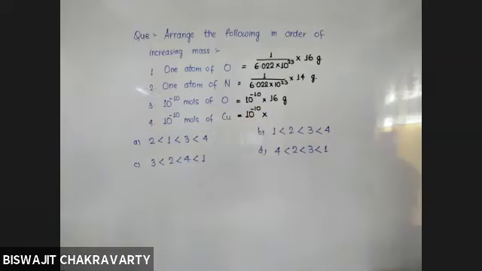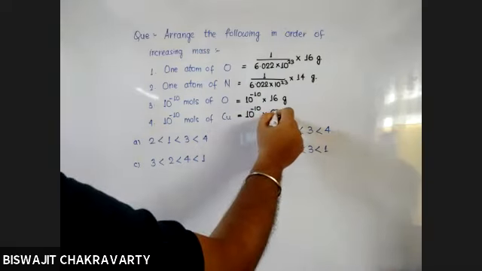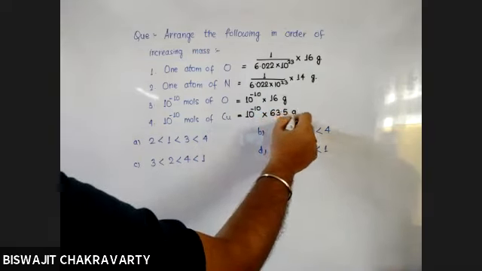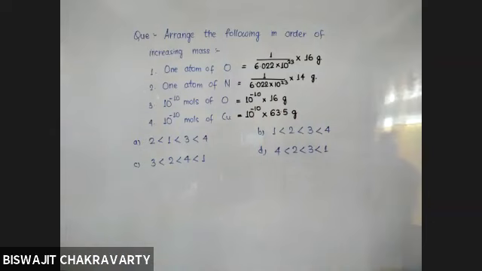Copper, what is the atomic mass? 63.5. Okay. Now you compare. Which do you think has highest value? Four is the highest, isn't it?